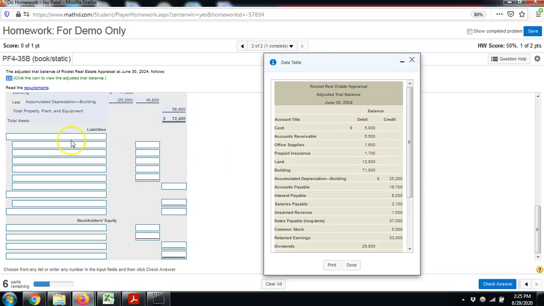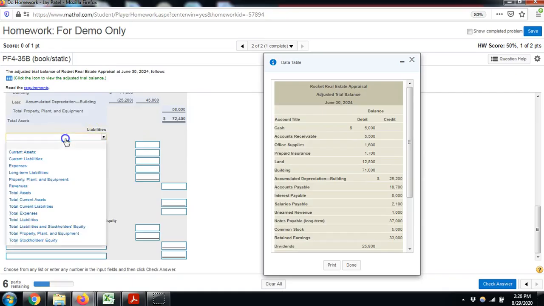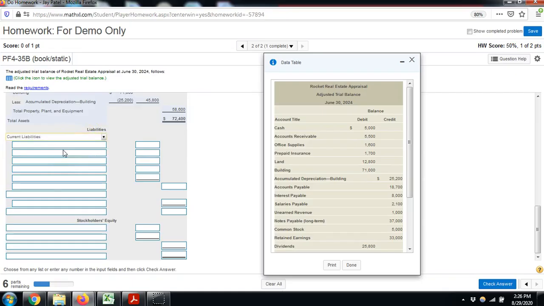So now we're going to do the other side of the balance sheet, the liabilities and equity. So again, classified balance sheet, we're going to start with the current liabilities. And if you look here, we have these four: accounts payable, interest payable, salaries payable, unearned revenue.